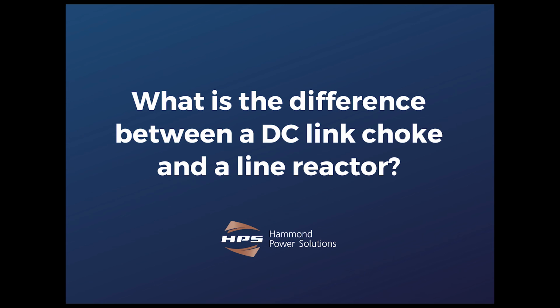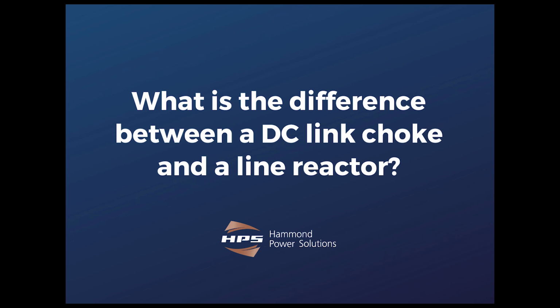The rectifier is on the input to the VFD that converts AC power to DC power. And then the inverter converts that DC power back to AC power at variable frequency for the motor. So on that DC circuit between the rectifier and the inverter is where the DC choke is connected. You can have one coil in one side of the DC link, or two coils, one on each of the positive and negative legs of the DC link.